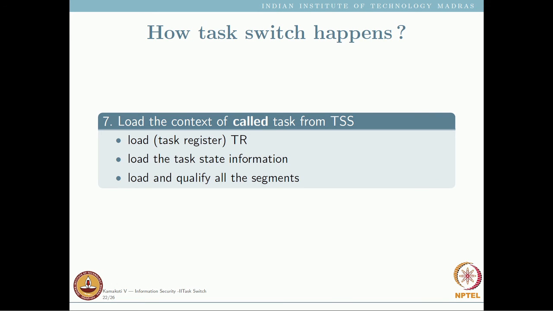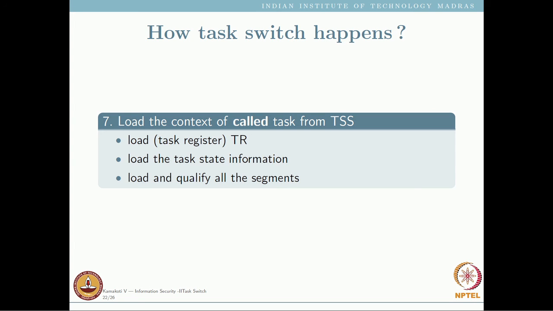Now, I load the context of the called task from TSS. First, I write the TR to point to the new segment selector. The old TR segment is over, now the new segment selector. I load the task information from that new segment selector into the corresponding registers, etc., and load and qualify all the segments.